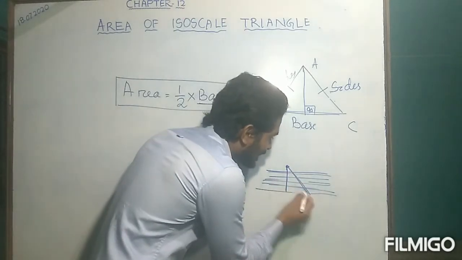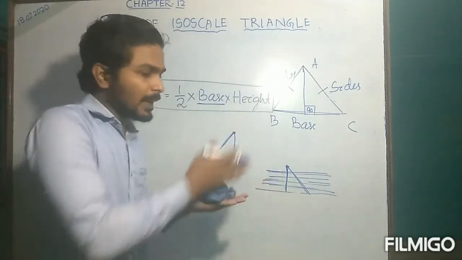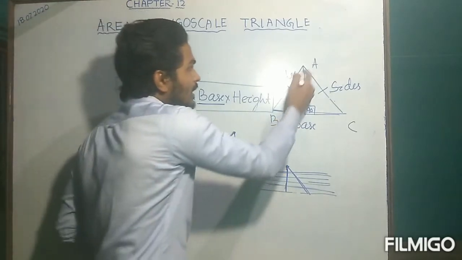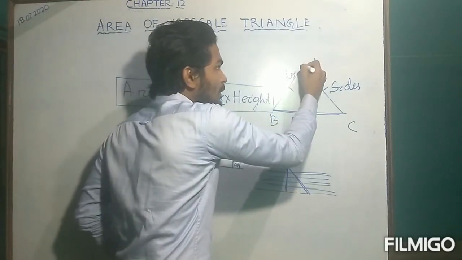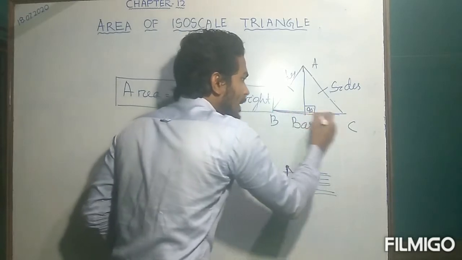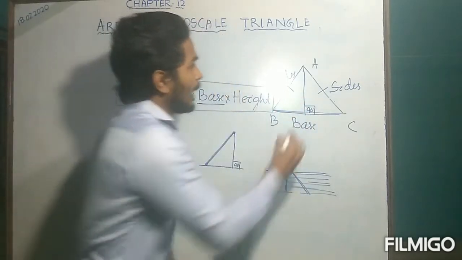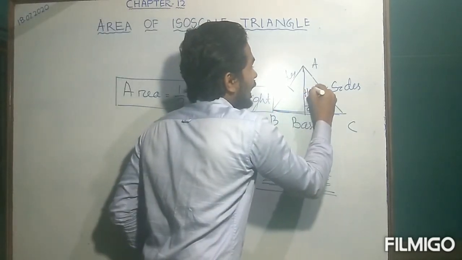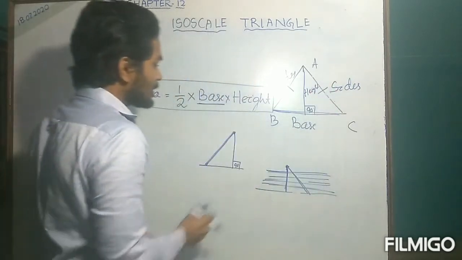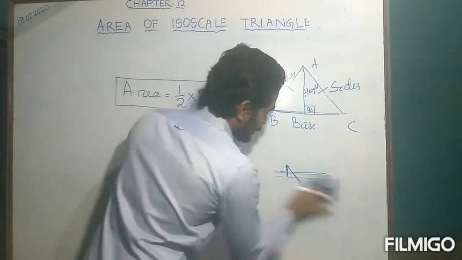This is not the height. This is the height, the perpendicular distance. Similarly, the perpendicular distance from the tip of the triangle to the base is known as the height, and this part is known as the height part. Okay, now it is clear what the height part is.